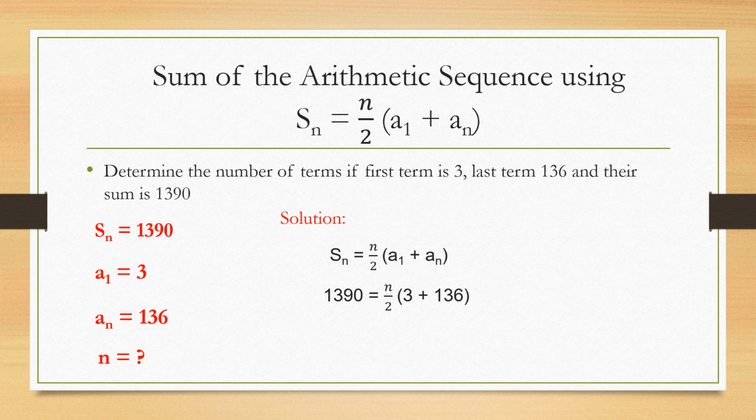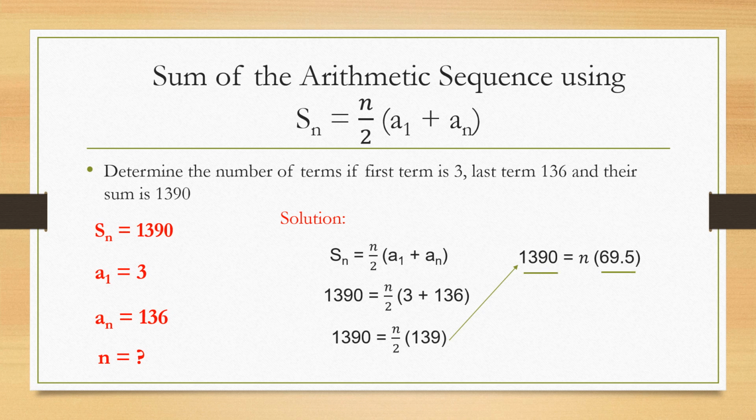So first, get the sum of 3 and 136. That is 139. And then we are going to divide 139 by 2. So 139 divided by 2 is 69.5.